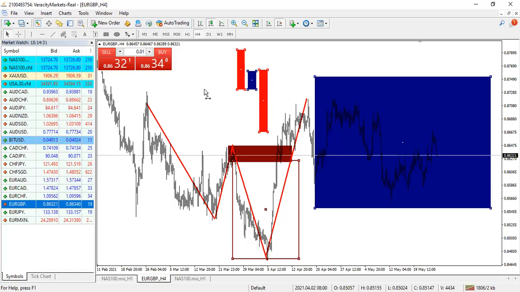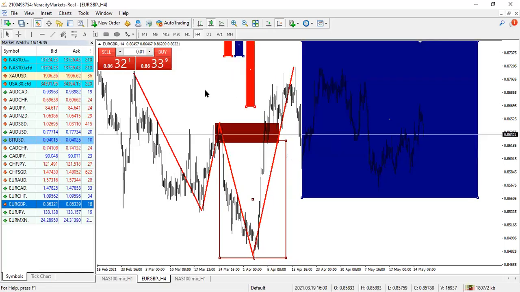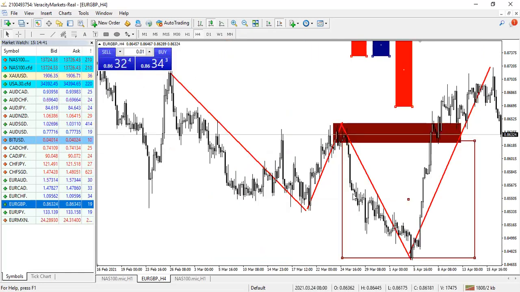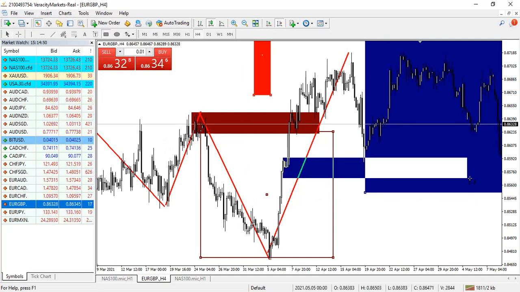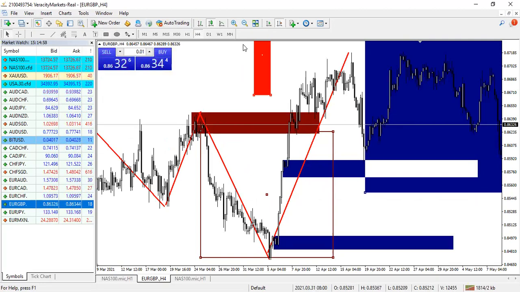So I go to my, I want to zoom. I zoom here. I'm seeing this strong move away from our base. I draw this zone. Even here, I have the very same thing. I draw this zone.